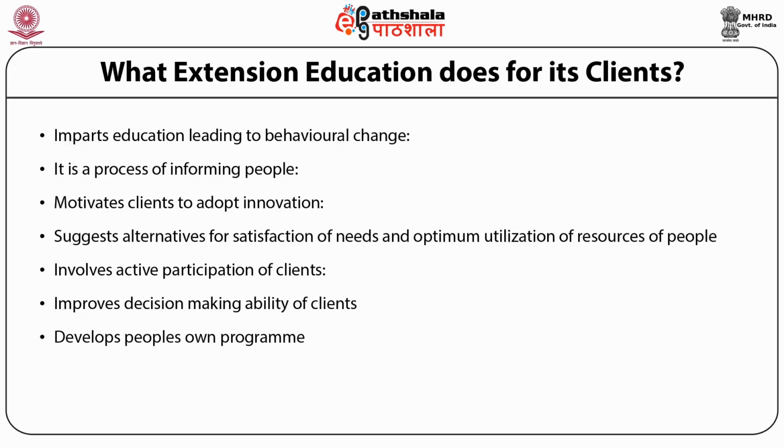The process of developing people's own program was observed in the majority of the watershed approaches. Since the community is getting immediate benefits which are sustainable in nature, people's participation is comparatively high.